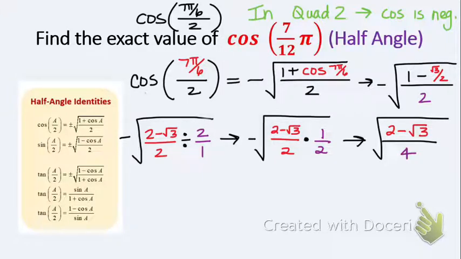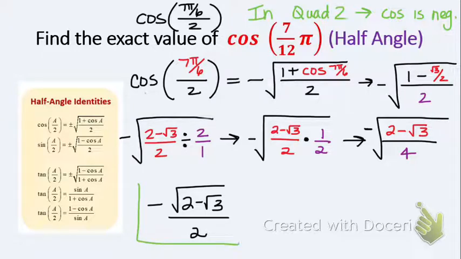When we square root top and bottom, oh, let me put that negative in front, can't drop the negative. Negative has to stay because we're in quadrant 2 and the sign is negative. So my final answer is negative square root of 2 minus root 3, all over 2. And that is your final answer.